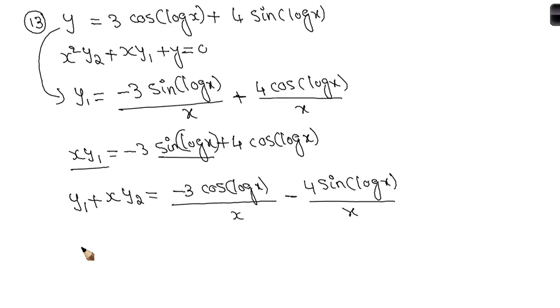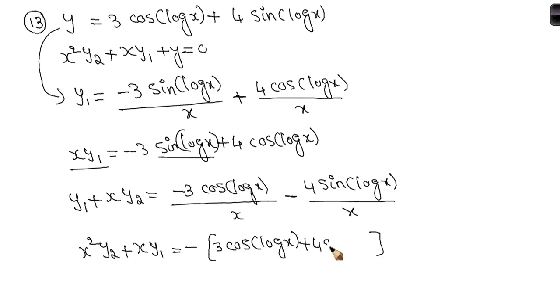Multiply with x this side, so this becomes x square y2 plus xy1 is equal to minus of 3 cos log x plus 4 sine log x, which is equal to minus y.